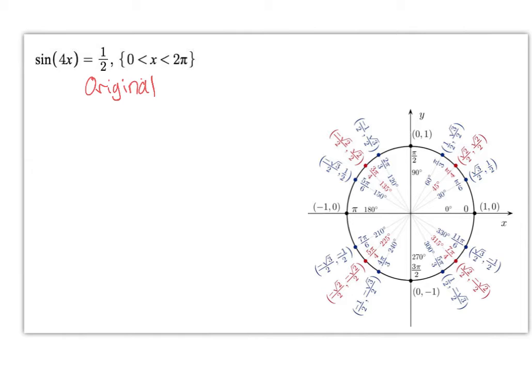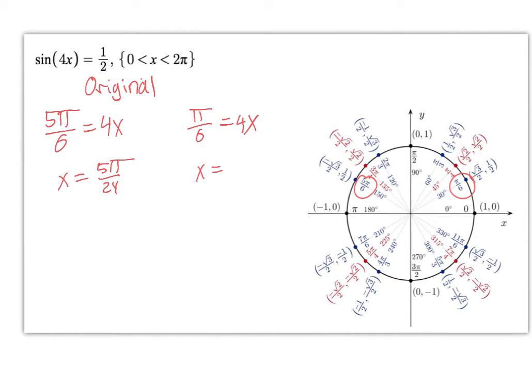We're going to have heights of 1/2, so we've got 5 pi over 6 and pi over 6. Those are both equal to 4x, and in solving those, we get x equals 5 pi over 24 and x is equal to pi over 24.